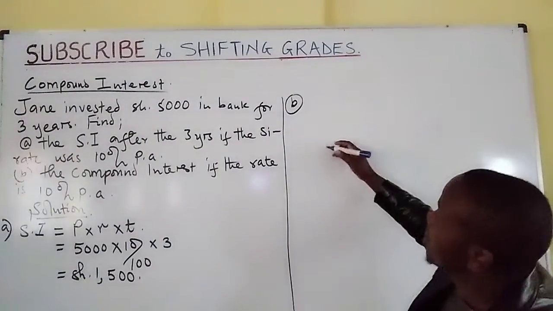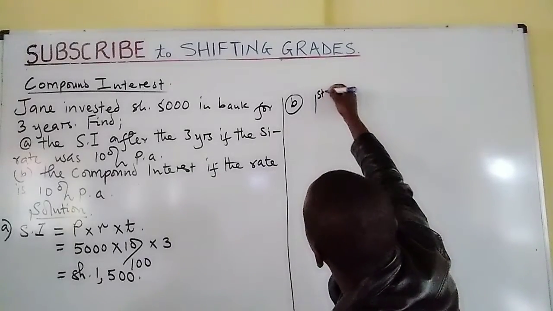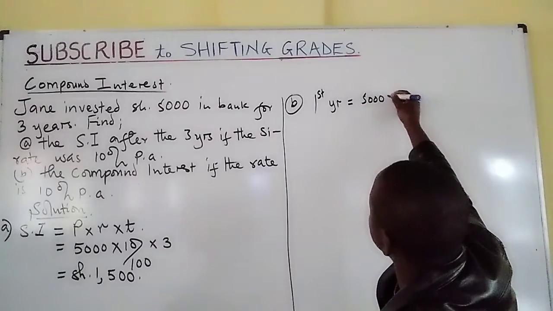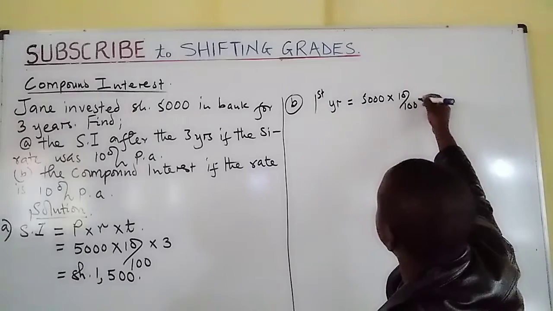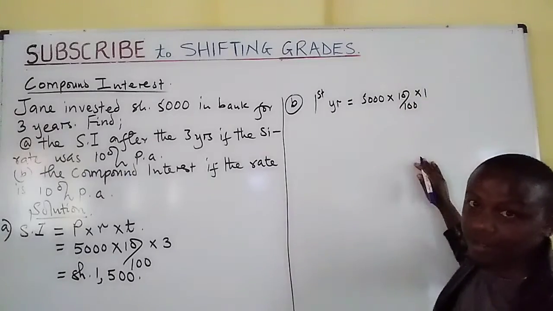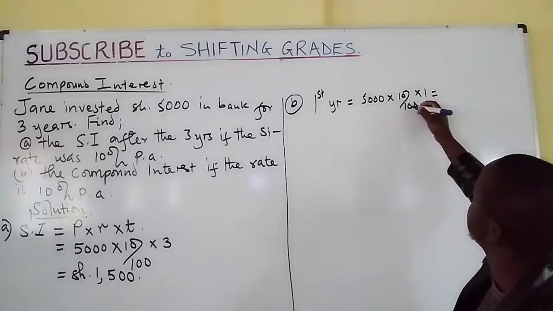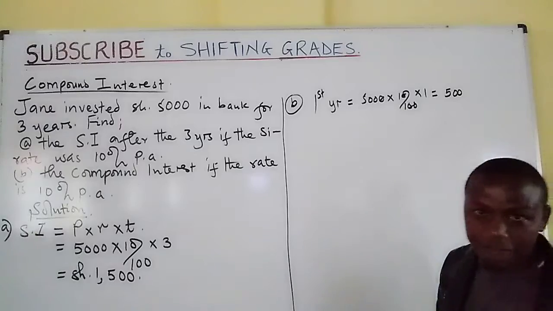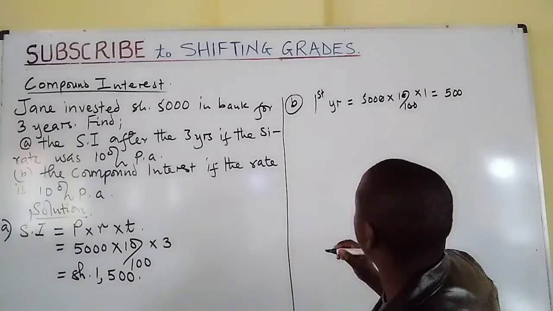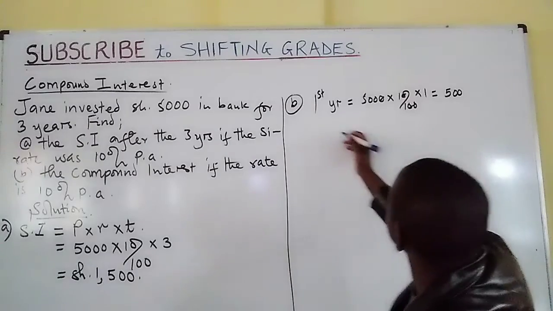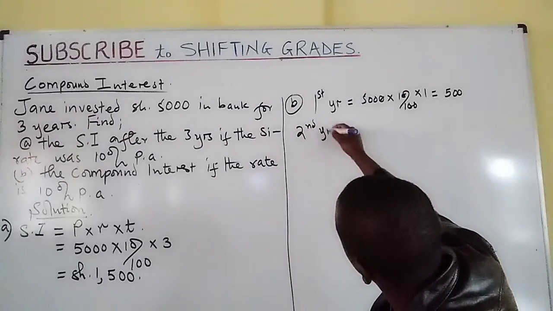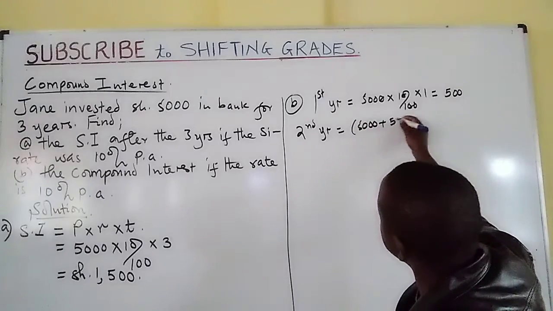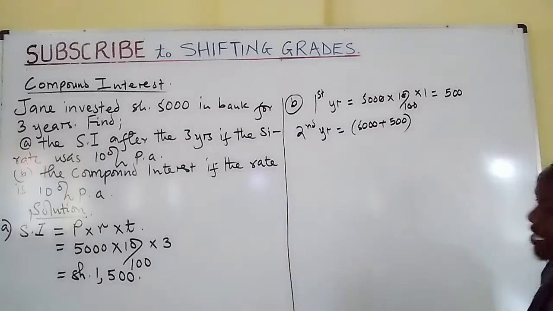Now, you find that in the first year, we have 5,000 deposited at the rate of 10% times that 1 year, and we get 500. Now you find for the second year, the money in the bank, we have the 5,000, the initial principal, then 500 has been gained as interest.